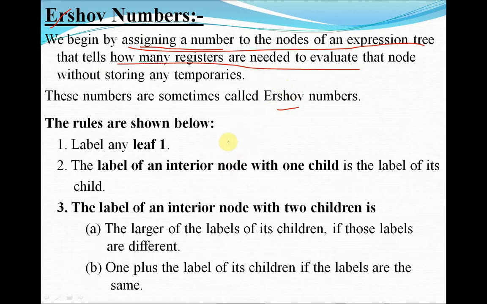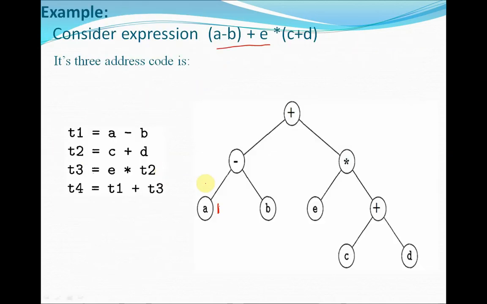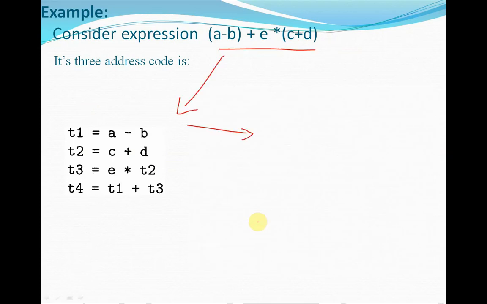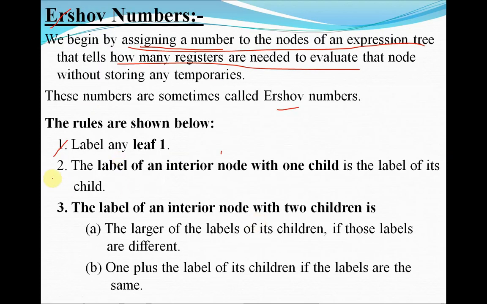Rule number 1 is to label any leaf by 1. That means the leaf node label is always 1. The leaf node Ershov number is always taken as 1. Second point, the label of an interior node with one child is the label of its child.